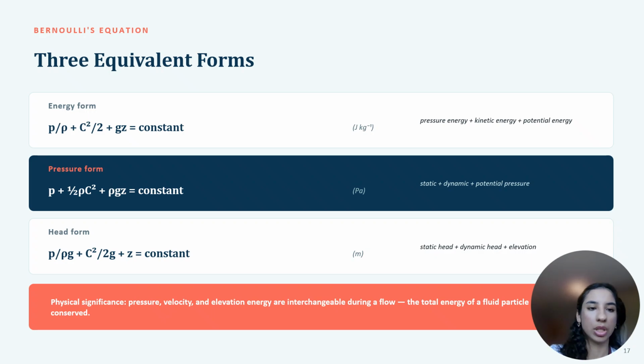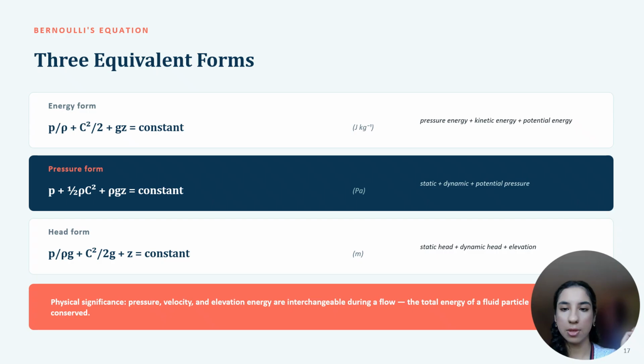Now we have three different forms, and they're all the same, by the way, but it's just different variables depending on what variables you have. We have the energy form, which is the one we just looked at. We have the pressure form, and then we have the head form.